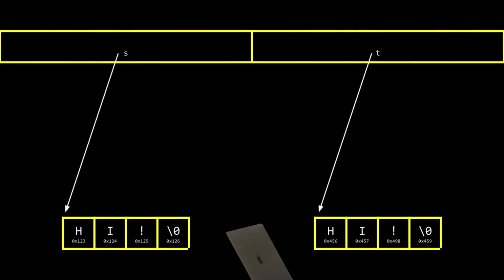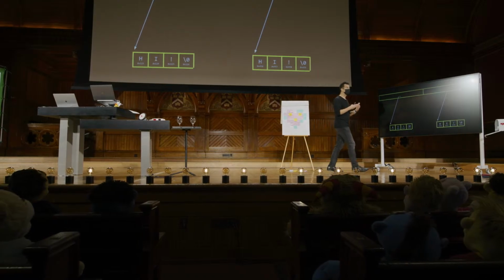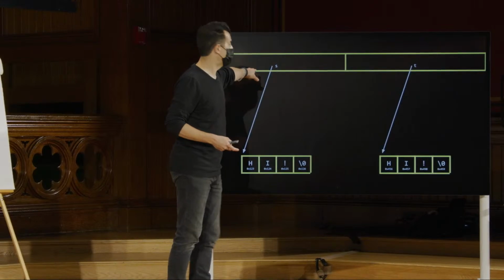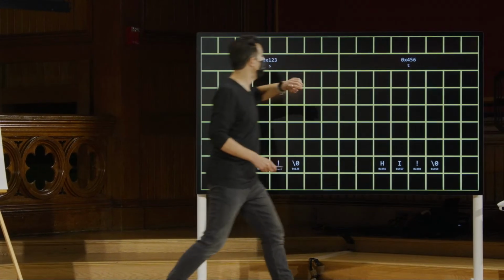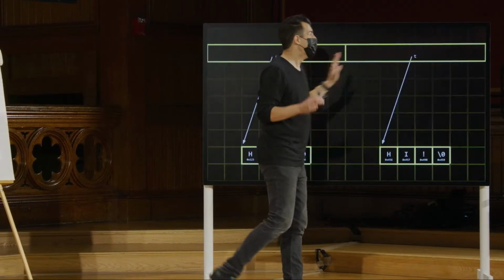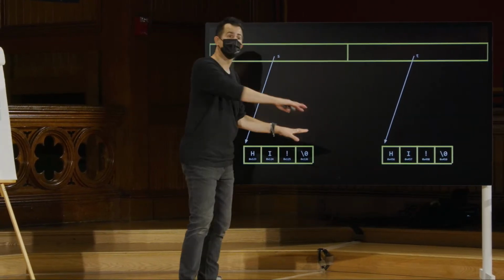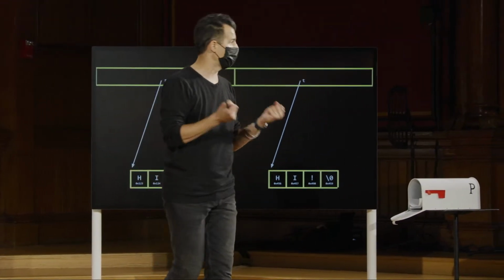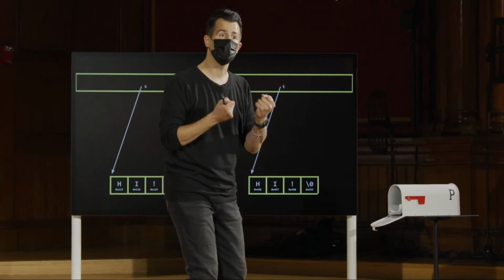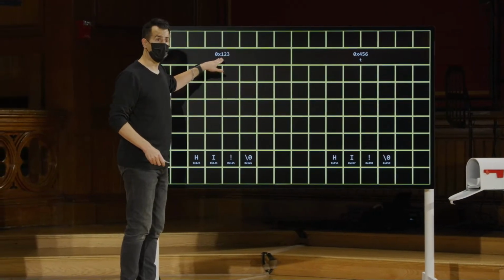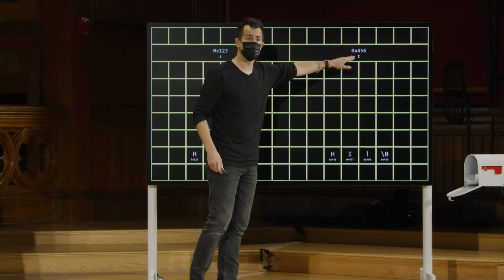When I compared s against t using equal equals, based on the picture, they're obviously not the same. One is over here, one is over here. And per a moment ago, one is 0x123, the other is 0x456. Yes, technically they're pointing at something that's the same, but that just reveals how strcompare works. Strcompare is apparently a function that takes in the address of a string as its argument and the address of another string as its argument.